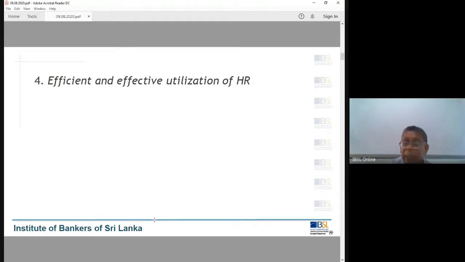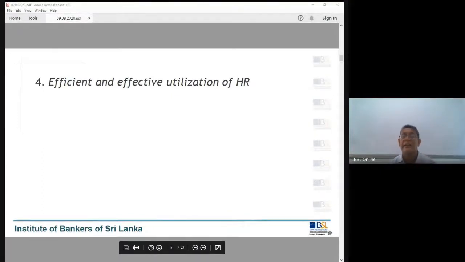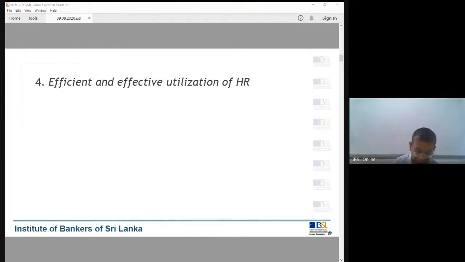Can anybody tell me who is the guy who introduced efficiency and effectiveness to business? Who is the person who introduced the two concepts of efficient and effective to management? He is none other than Mr. Peter Drucker. He's the father of modern management who introduced the concept called efficiency and effectiveness.